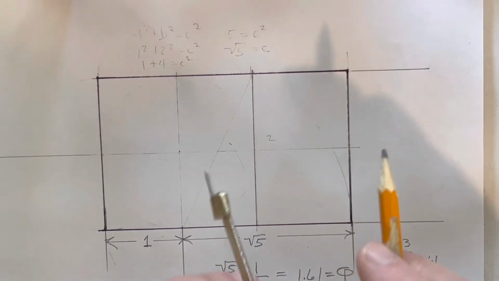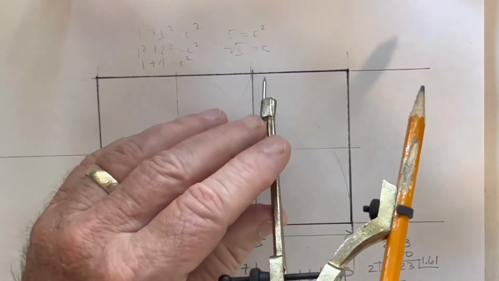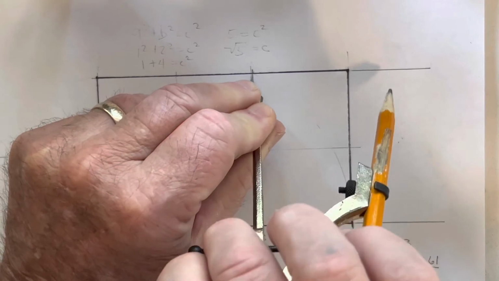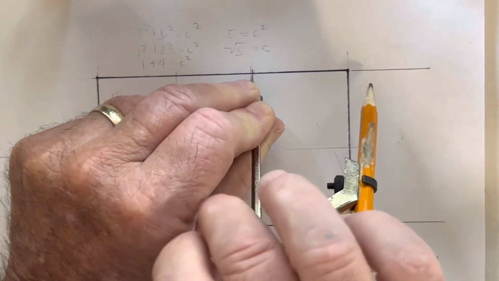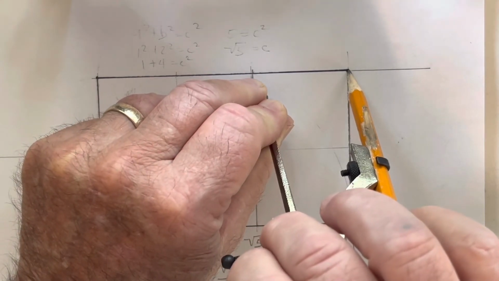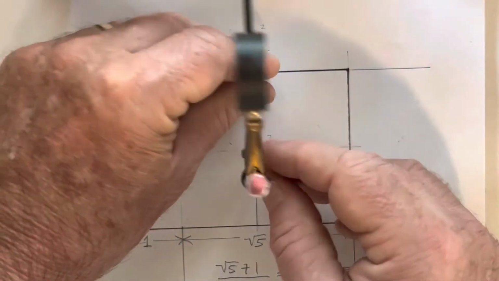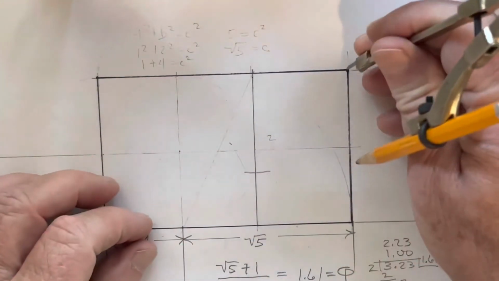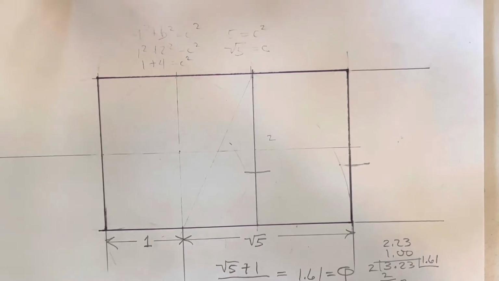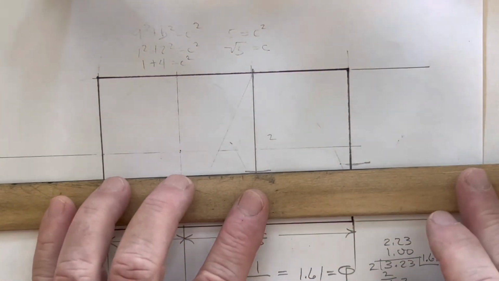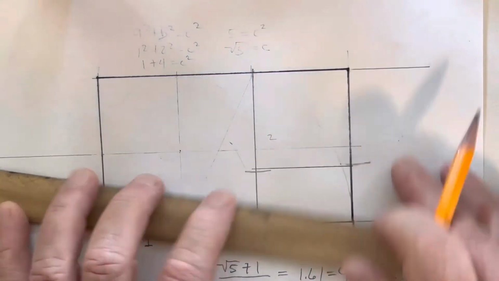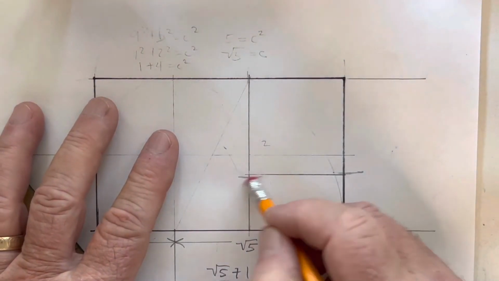I'm going to go ahead and make this side. I'm going to get the measurement from this one. Get my measurement right here. It's a little off.